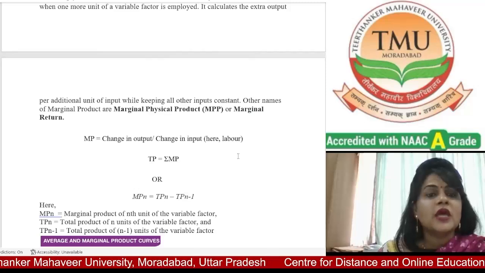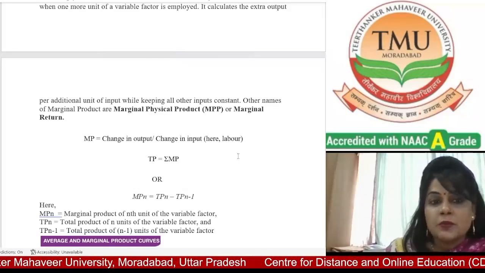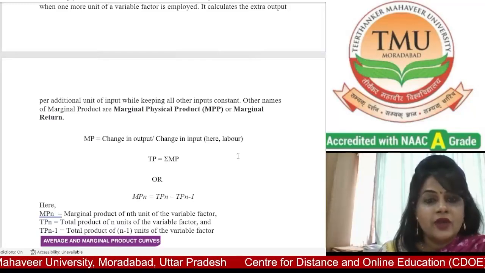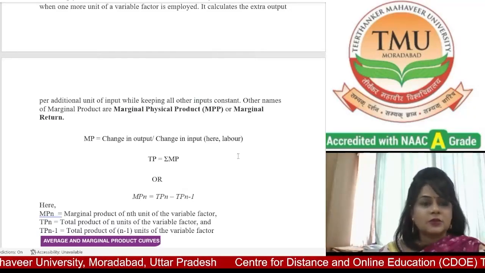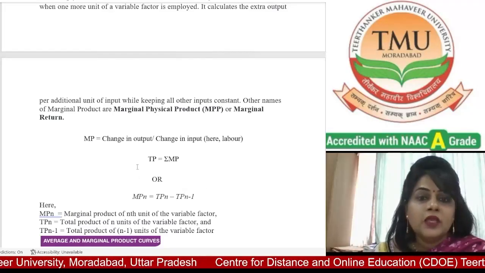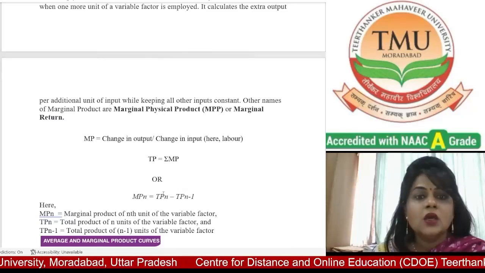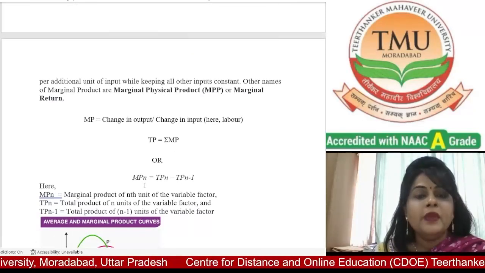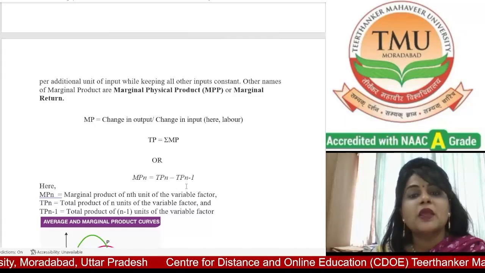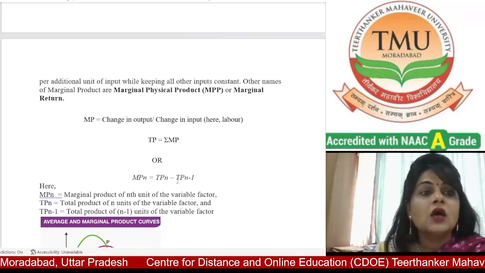It can also be said that total product is the sum of the marginal products at different input levels. You can say TP is equal to the summation of MP, or MP, marginal product, is TPn minus TPn-1, for any extra unit we are using.